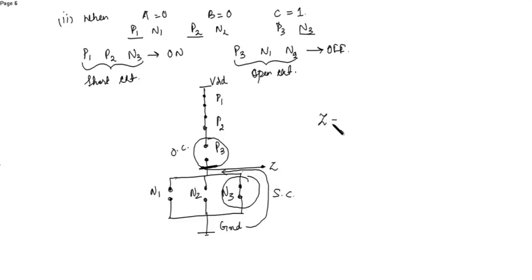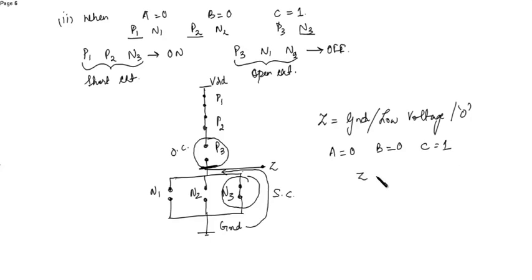So the output obtained Z, we can write it as ground or low voltage, let's say 0. So when A is equal to 0, B is equal to 0, C is equal to 1, then the output obtained will be 0. Now let's see the third condition.